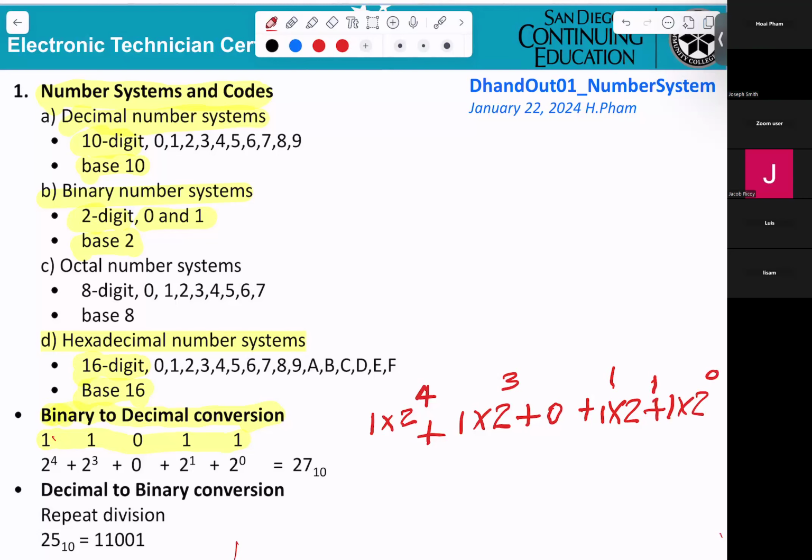Okay, so that one, 2 power 4, 2 times 2 times 2 times 2, is 16. 2 power 3 is 8. 0 anyway, 0. Okay, 2 power 1 is 2.